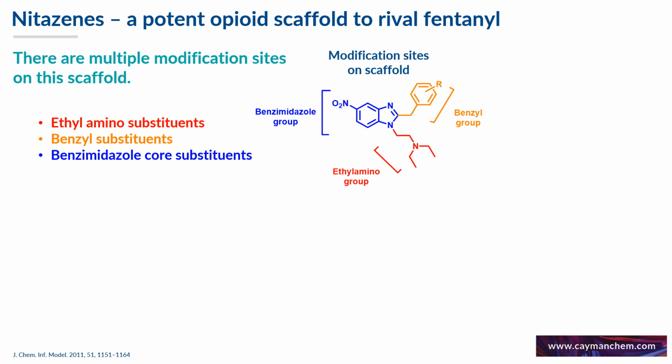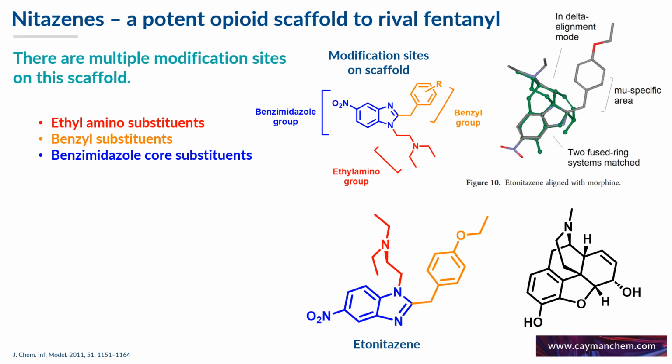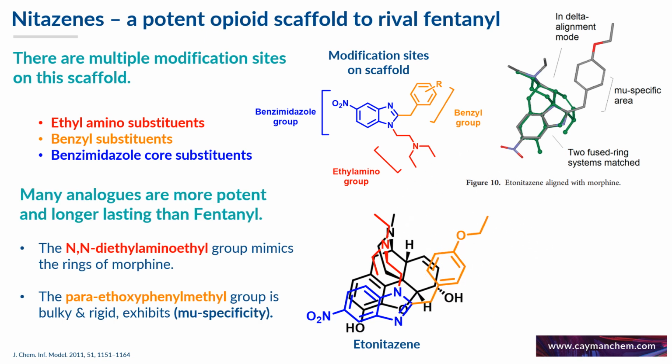Now, modeling studies suggest that the ethyl amino substituent mimics the piperidine ring in morphine, while the benzimidazole overlays the benzofuran ring system in morphine. You can see that they overlay.